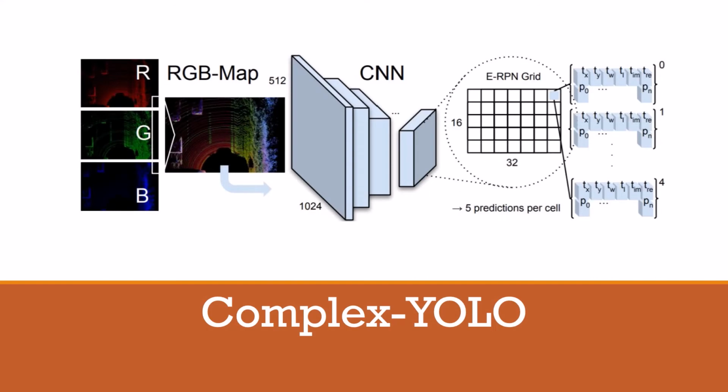The RGB map is split into grid cells. Each grid cell is encoded by taking the maximum height of the point cloud, the maximum intensity, and the normalized density of all the point clouds within the grid cell. Then, 2D object detection algorithms such as YOLO will be applied to regress 2D bounding boxes.